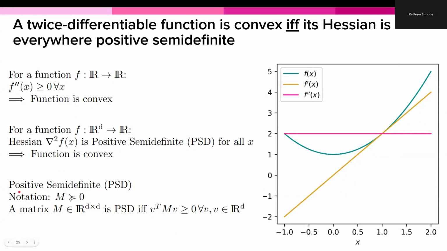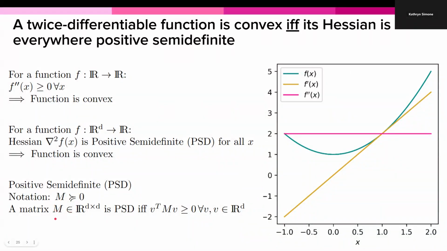Positive semi-definiteness, in turn, is a property of a matrix. It's denoted by this curly inequality symbol here, and so it's analogous to describing a scalar as non-negative, but applied to matrices.